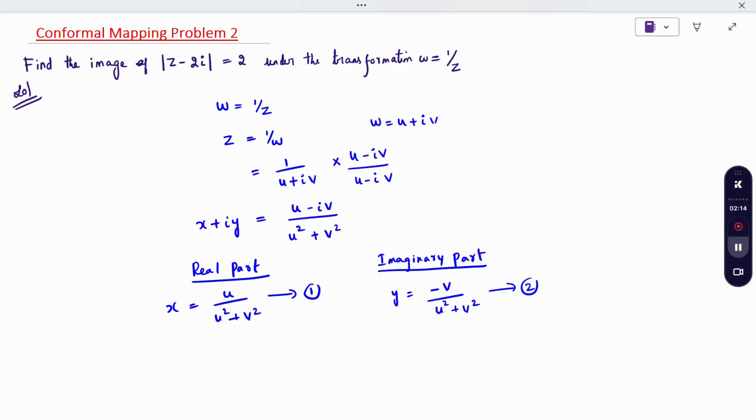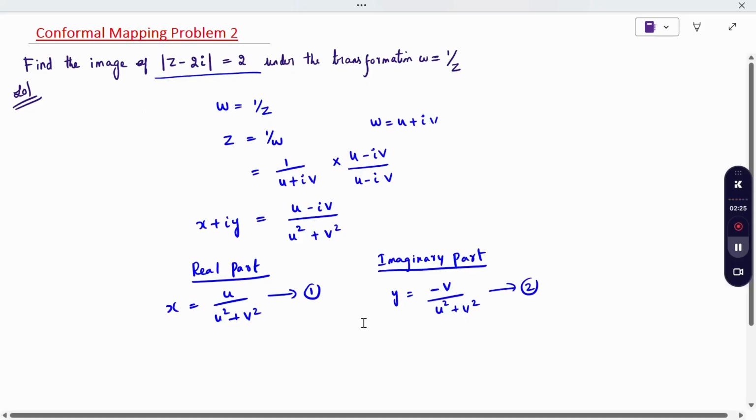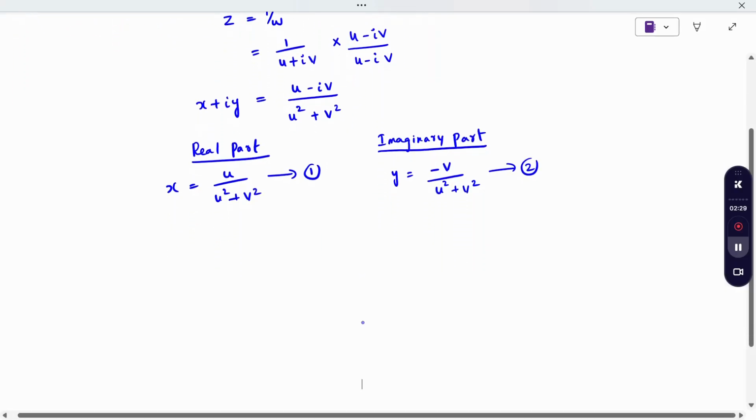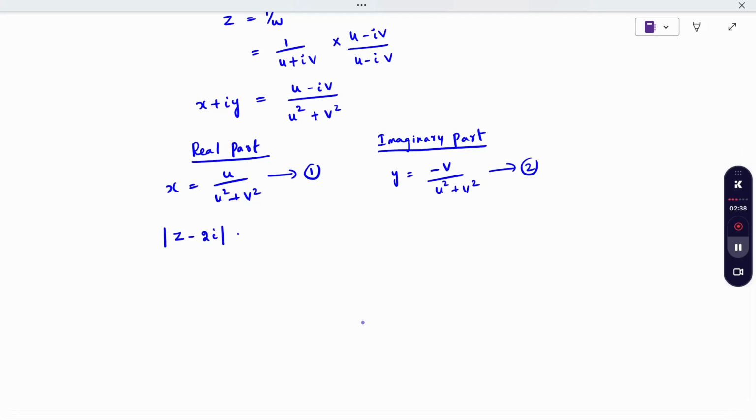Now what I have to do is take the given condition from the question. The question gives modulus of z minus 2i equal to 2.